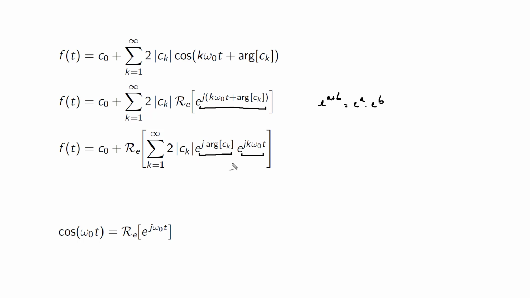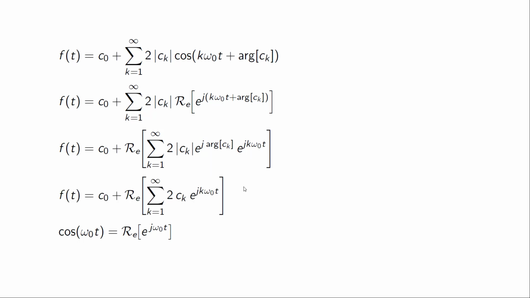And the reason we do this is that we see here that we have ck appearing. And this is how we end up with a third expression of the Fourier series. And later on in the video, I will give you a nice interpretation of this using an animation.